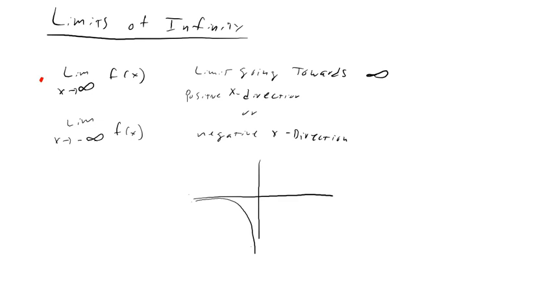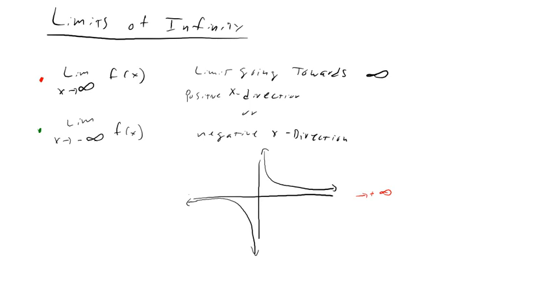Let's look at our asymptotes. Negative infinity will be green. Positive infinity is in this direction.